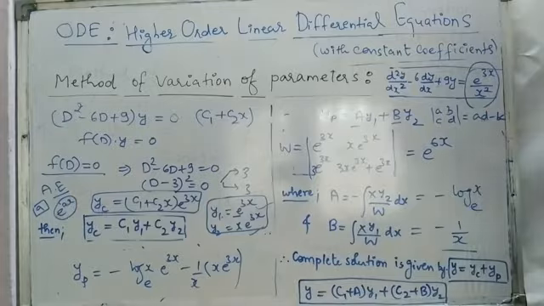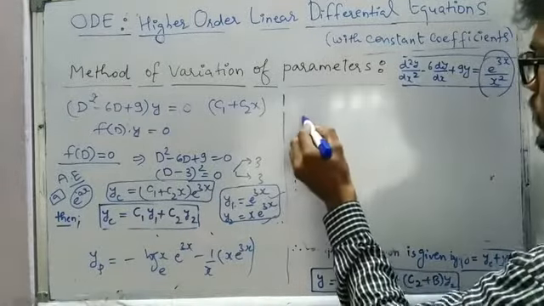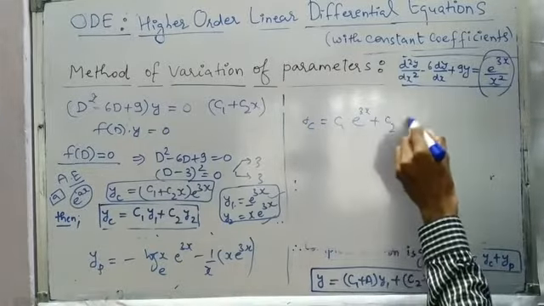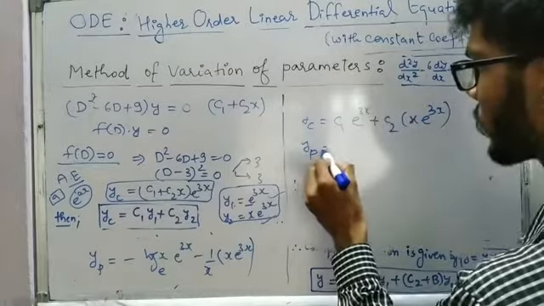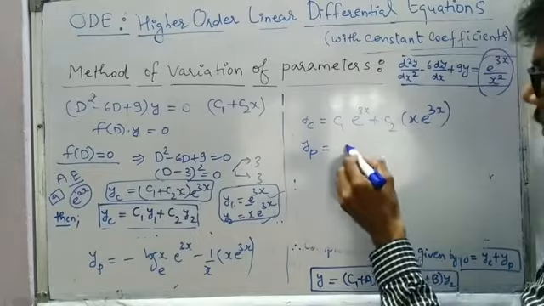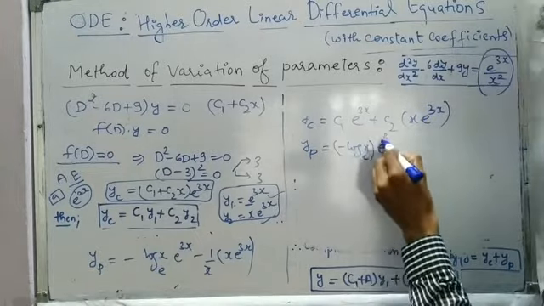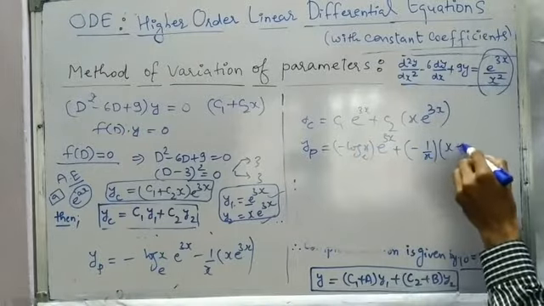So we have yc as c1, y1 is nothing but e power 3x plus c2, y2 is nothing but x e power 3x, and we have calculated the particular integral using the method of variation of parameters as minus log x base e power 3x plus minus 1 upon x into x e power 3x.